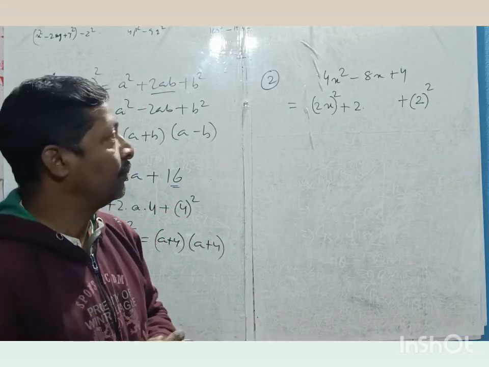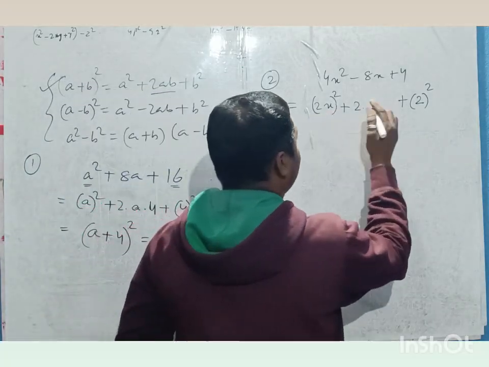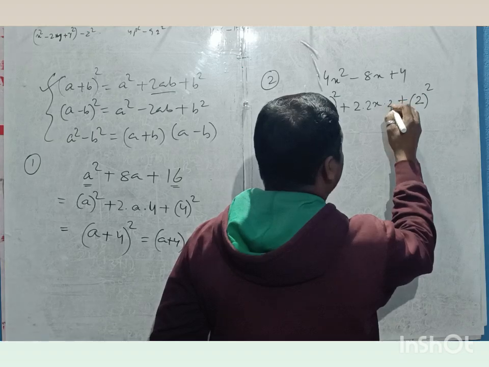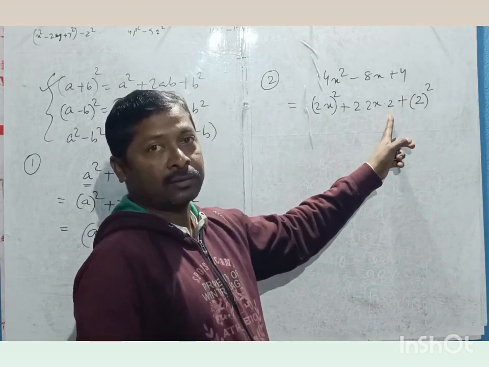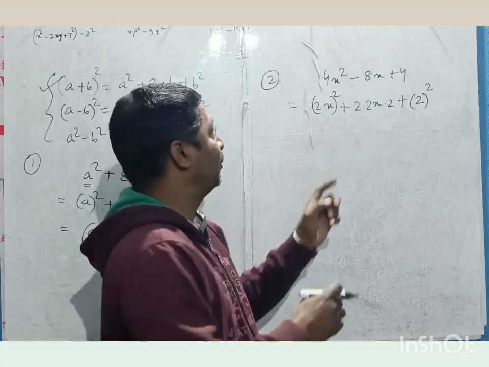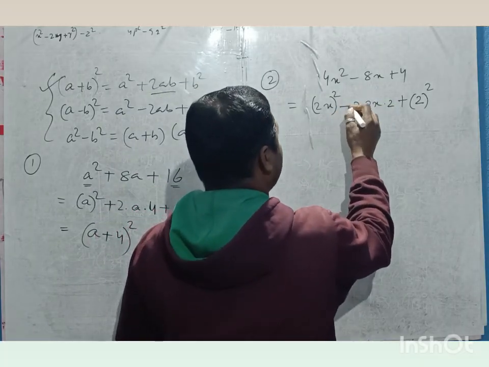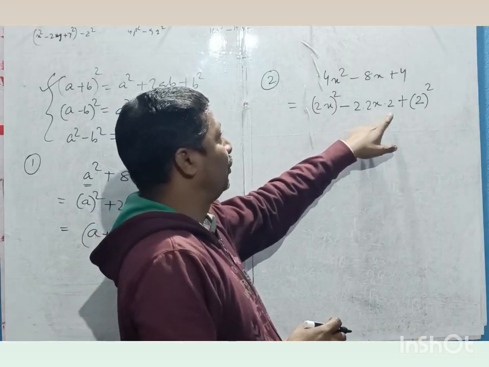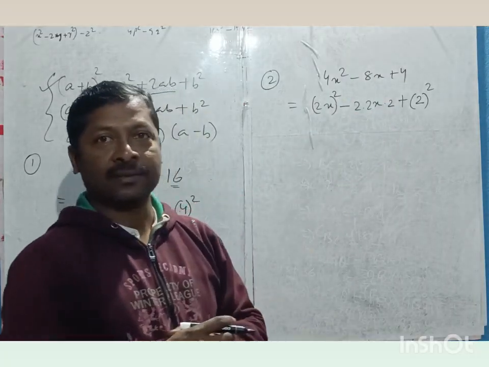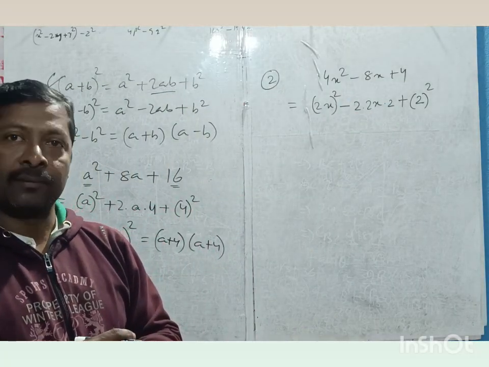Always make clear which one is a and which one is b. Now do the product whether it will be 8x or not. Sorry, this will be minus here. 2 into 2 into 2, 8 into x. Yes, it is minus 8x.